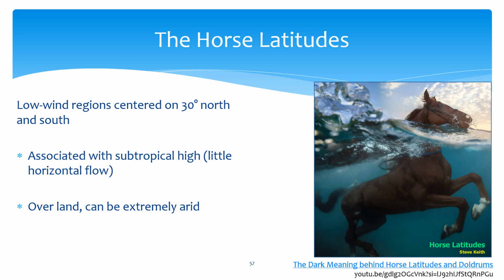But right in the center, there's not much going on. The horse latitudes can be extremely arid over land. These are like our Sahara Desert. A lot of that is within the horse latitudes. Once again, kind of a problem for sailors. So over the ocean, there was a real issue.